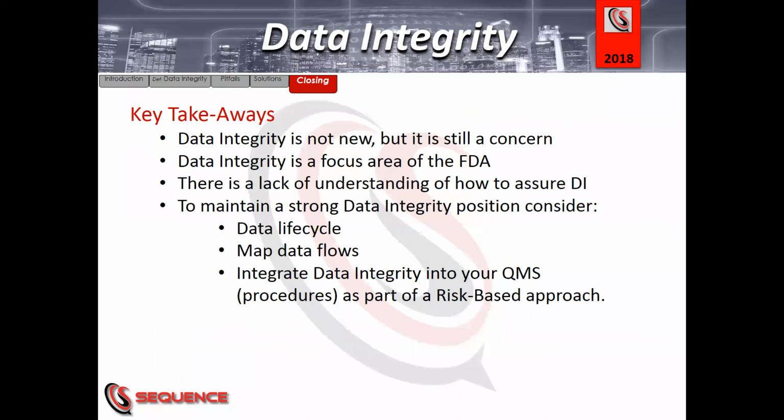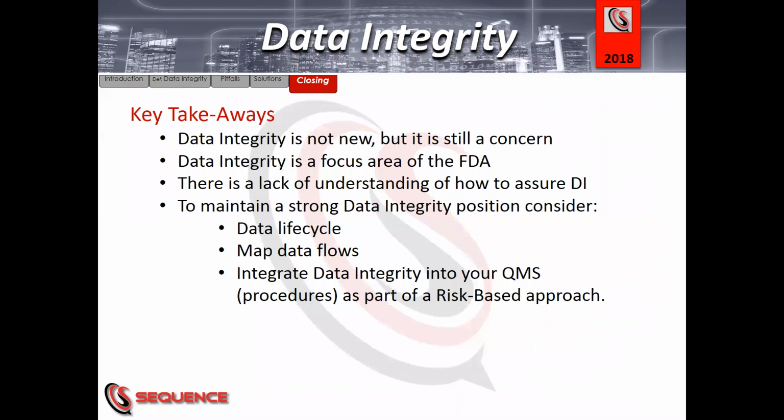So wrapping up here, the key takeaways: data integrity is not new, but it is still a concern, as you can see by the FDA warning letters and the amount of increased focus on data integrity. There's a lack of understanding of how to assure data integrity. I mentioned a little bit about the data lifecycle and how pieces of that lifecycle sometimes repeat out of the typical order.